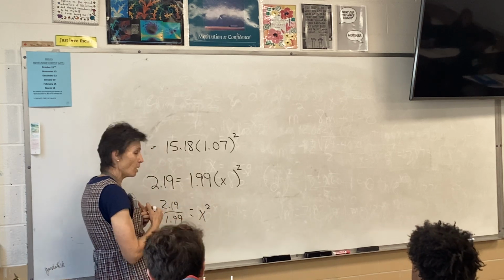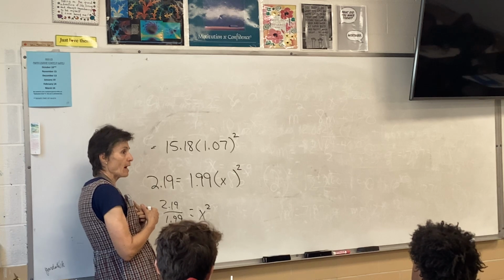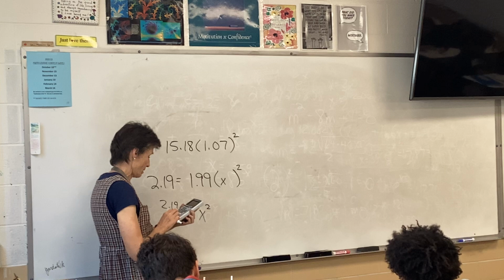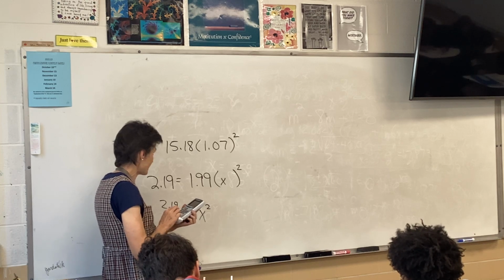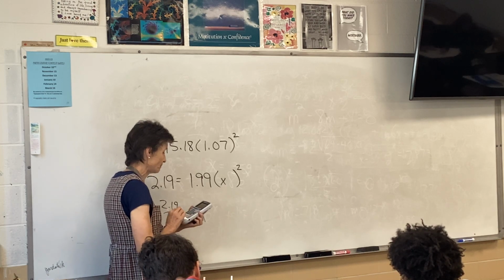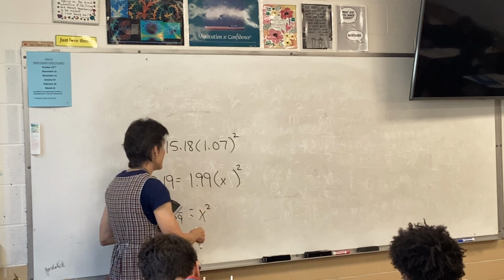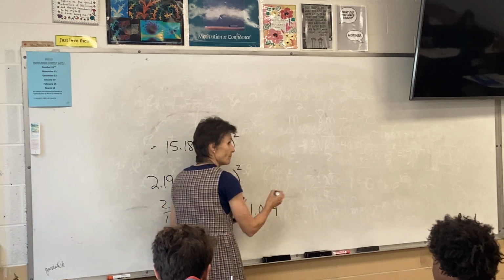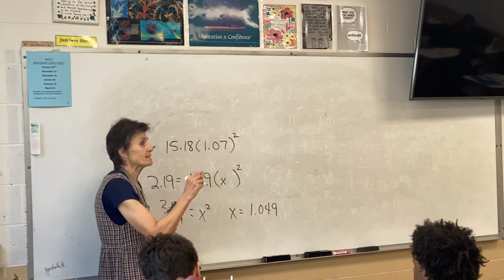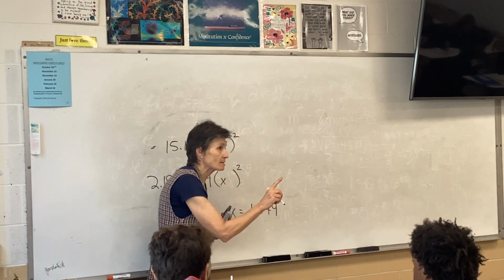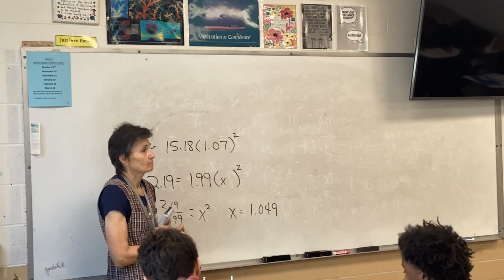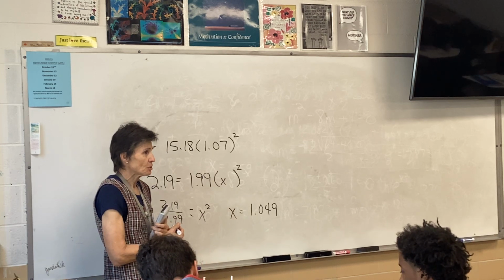Oh, no logarithm necessary. Now we would just square root. So the square root of 2.19 divided by 1.99. Now be careful, because when you do that, you get 1.049, which represents what increase? 4.9%. Does that make sense to you?